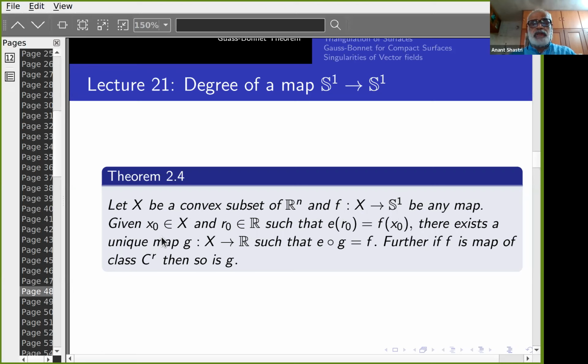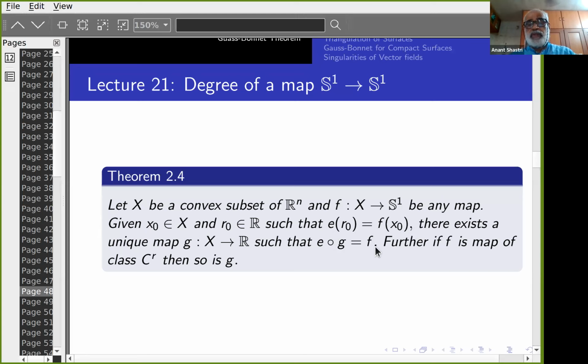Start with any point x0 in X and choose some real number r0 such that E of r0 is f of x0, which just means that this is (cos 2 pi r0, sin 2 pi r0). That is my notation for E. Under these hypotheses, there exists a unique map g from X to R such that E composite g is f.